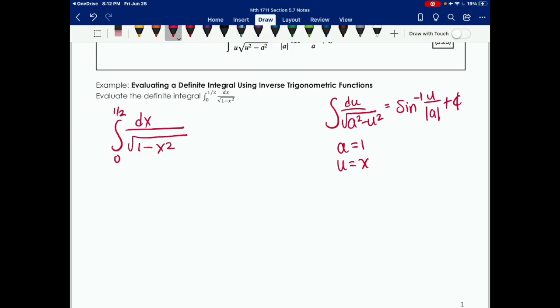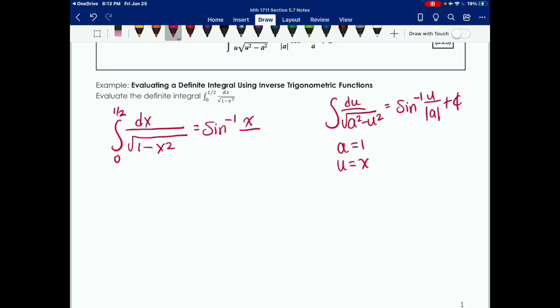Since a is 1 and u is x, I'm going to make those substitutions. So I have inverse sine.